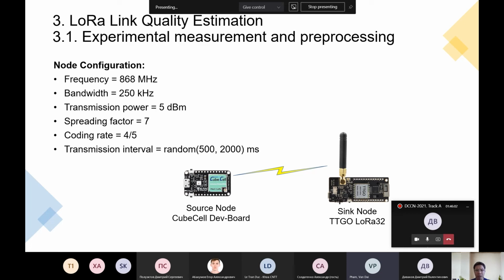So based on this data, we can estimate how good the received link is and how bad the link is.